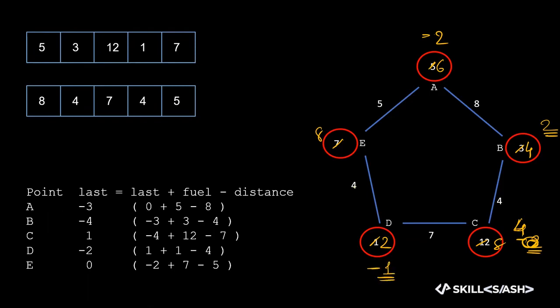Minus 1 minus 4, minus 5, minus 5 plus 8, 5 liters of petrol I have. 5 minus 5, 0. So at the end, when I'm reaching, we have 0 liters of petrol remaining.